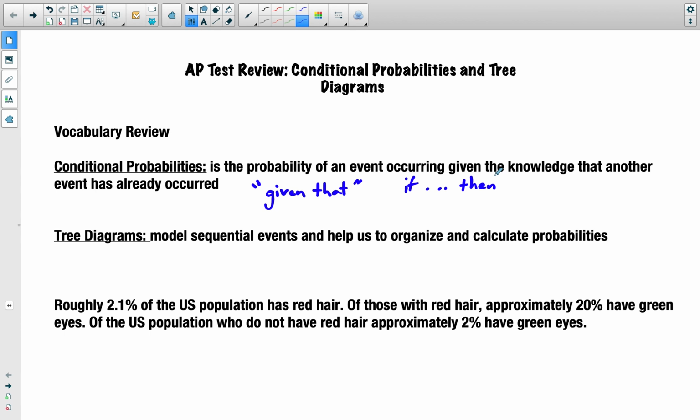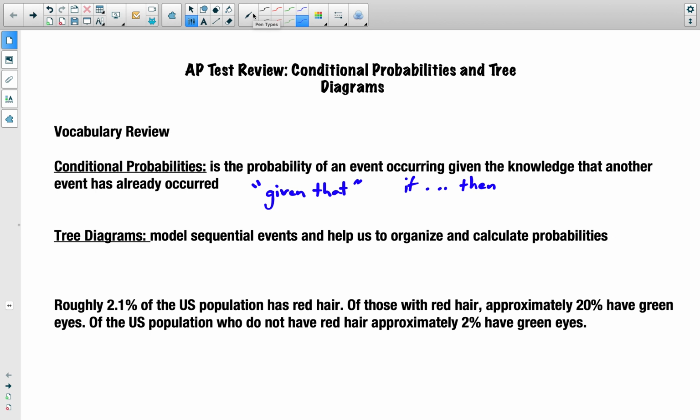Now, tree diagrams are great for modeling conditional probabilities, and they're good for modeling sequential events. Some students have a hard time wrapping their head around this, and they run into roadblocks. It's not necessarily that a specific event has to happen first.